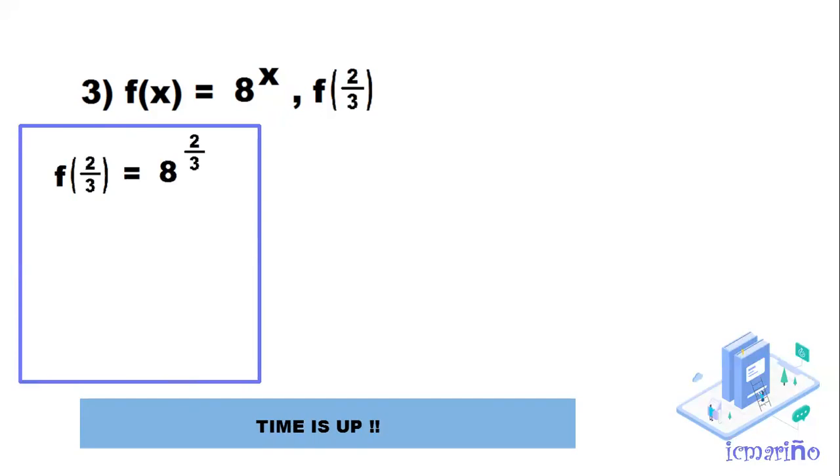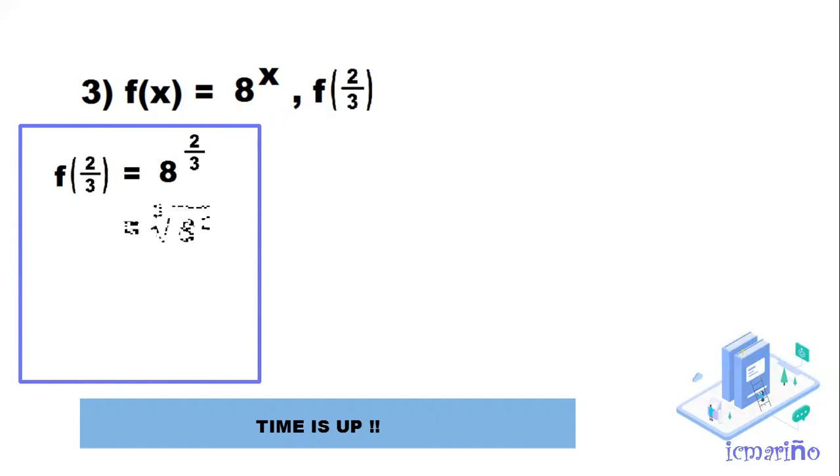Okay, let us see. For solution number 1, f of 2 over 3 is equal to 8 raised to 2 over 3. Again, the numerator is the power or the exponent, and the denominator is the root. Which means you are going to square 8 and then get the cube root of it.